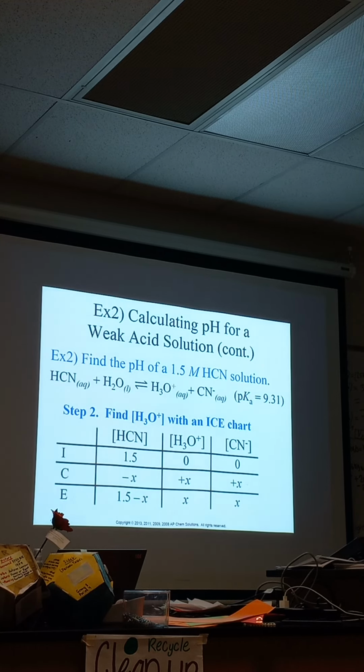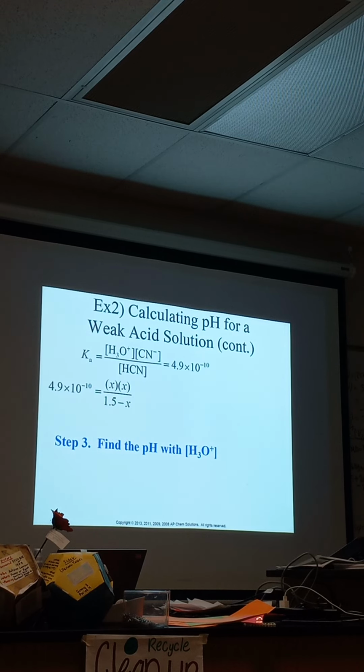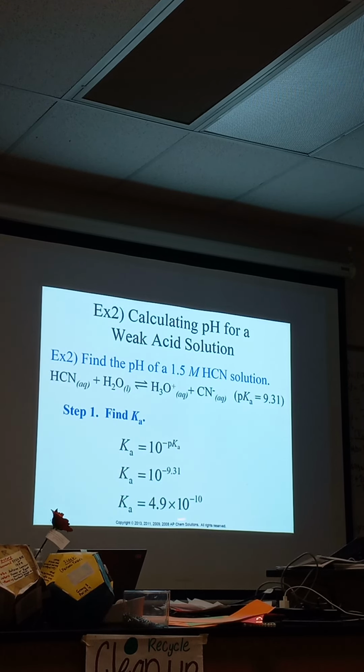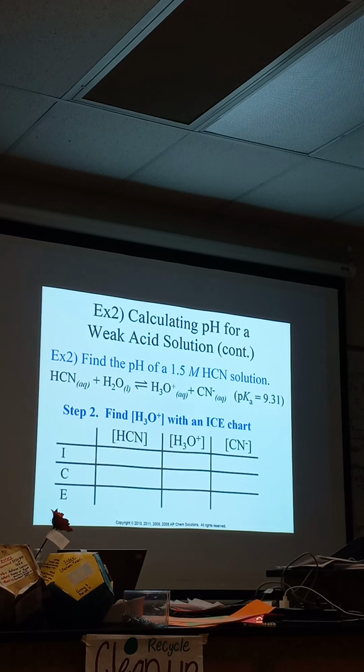All right, do we have the ICE chart written down, guys? Yeah. All right, so now we're gonna put it into our equilibrium expression. By the way, guys, real quick, what we're doing here is often an entire FRQ because we have a lot of pointable steps here. Yes. Think about it. We had to find the Ka. Is that pointable? Yes.